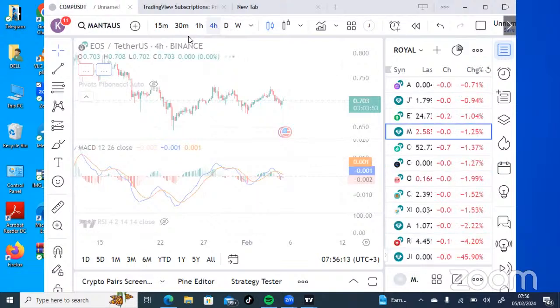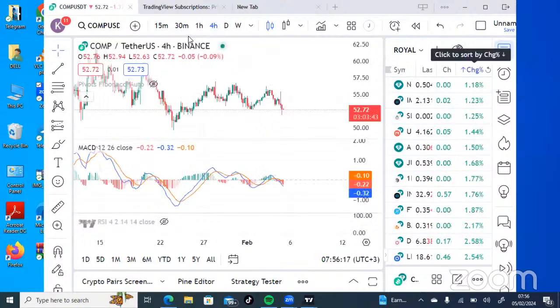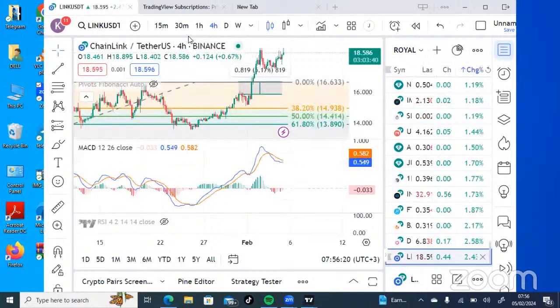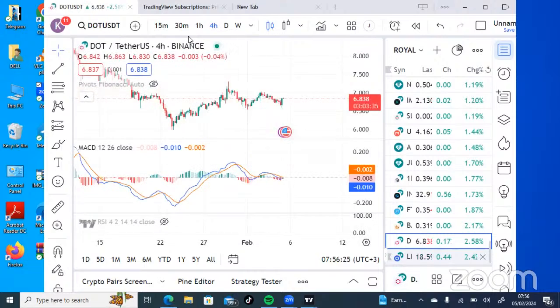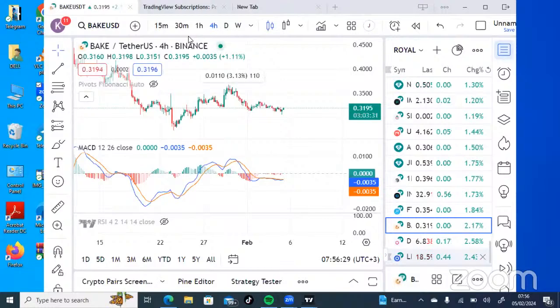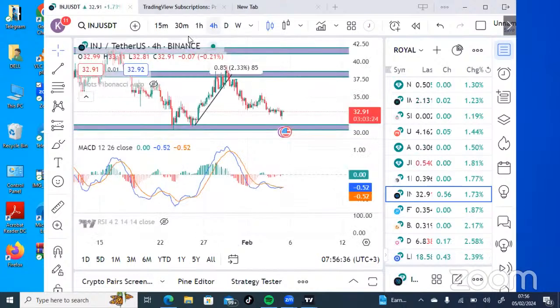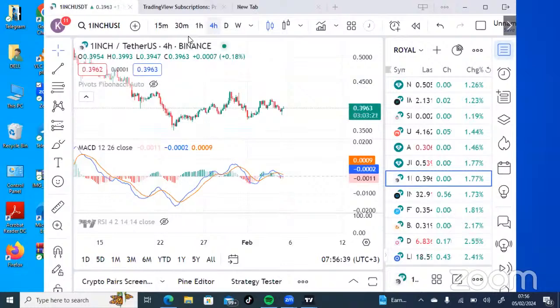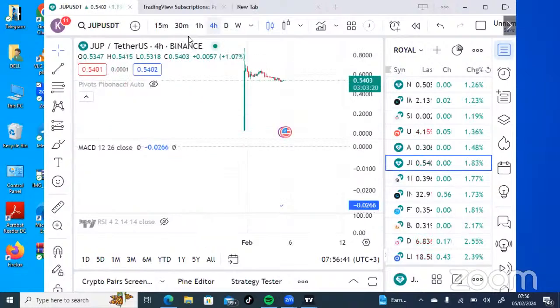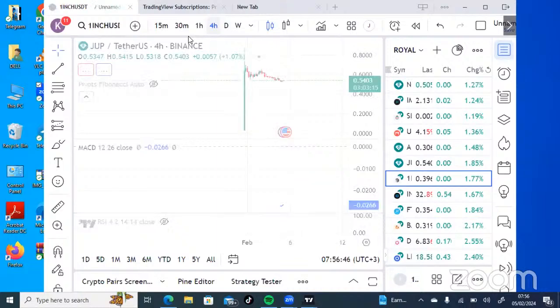Any trader, before making a decision to either pick a trade or not, to either trade a coin or not, should take time and do their technical analysis very well.